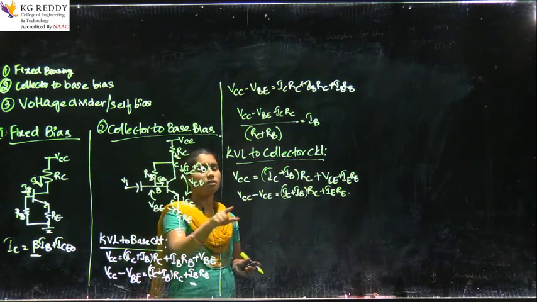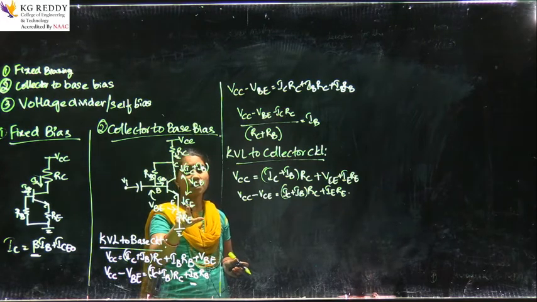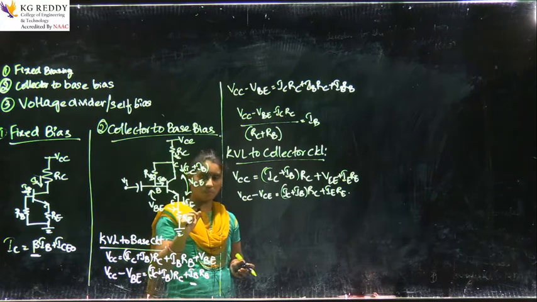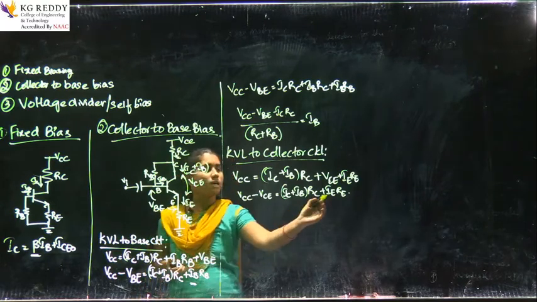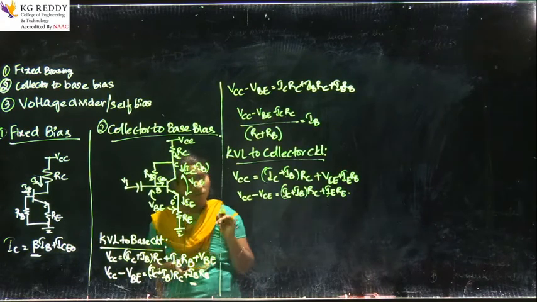As the emitter current increases, the voltage drop across IE RE also increases.